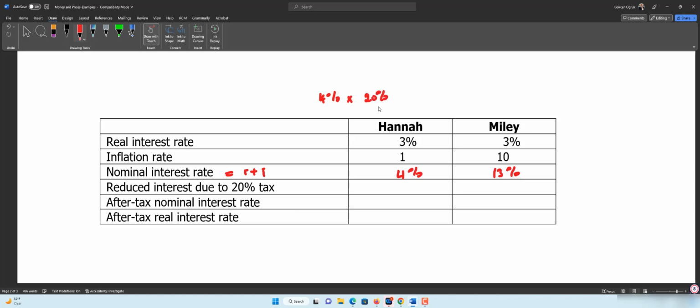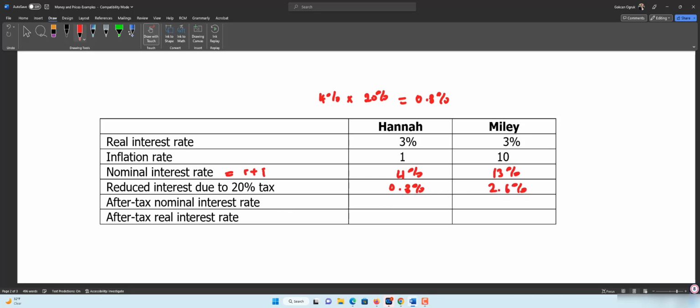So we need to find 20% of 4%, which means you multiply 4 with 0.2. That is 0.8. So 0.8% is the tax. 0.8% goes to the government. And we need the same calculation here, 13% times 0.2, which is 2.6% goes to the government.